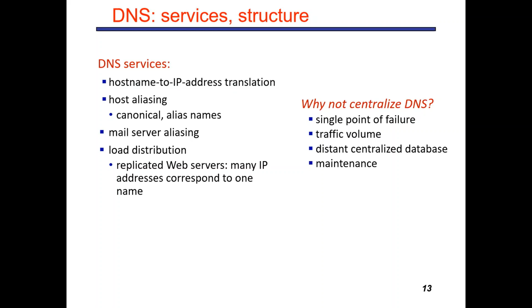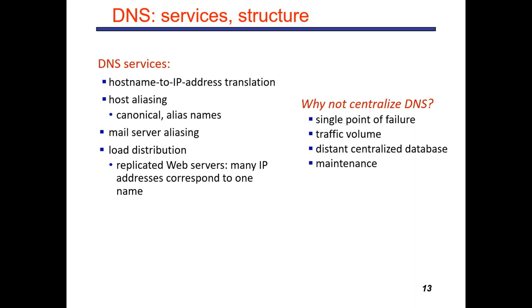Now, the DNS protocol can distribute the load among these web servers. When a user makes a request to resolve a domain name like www.google.com into an IP, what the DNS protocol will do is translate and bring a list of IP addresses of these web servers.